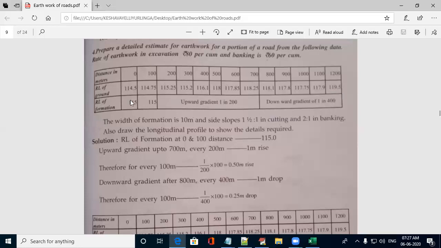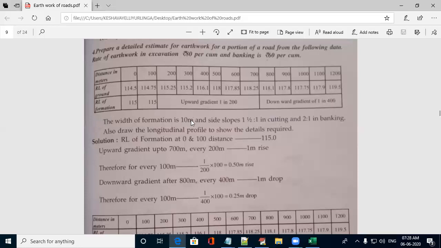At 0 and 100, they wanted the RL of formation of 115, and from 100 till 700 there is an upward gradient of 1 in 200. This is rise, upward gradient of 1 in 200. And after 700 meter there is a downward gradient of 1 in 400. I'll teach you how to do this.